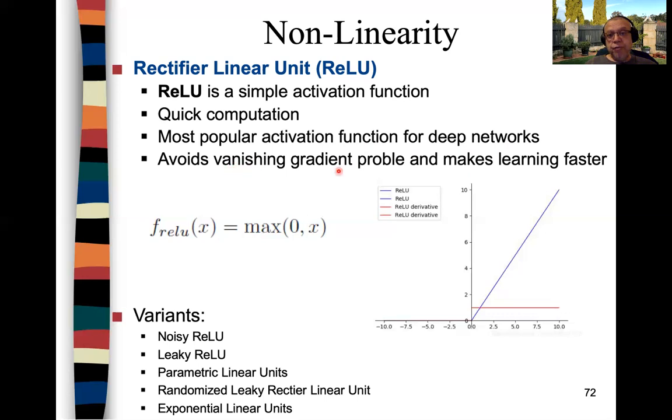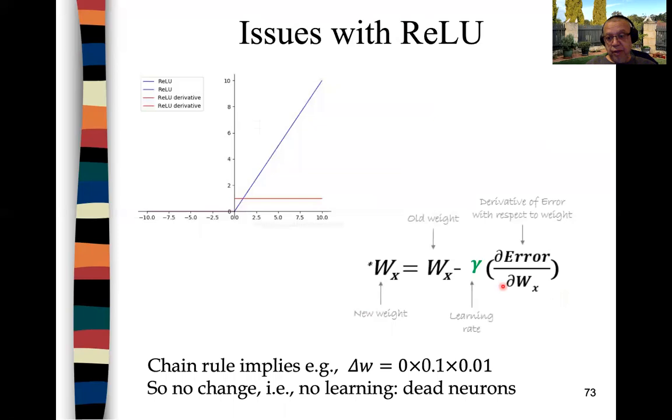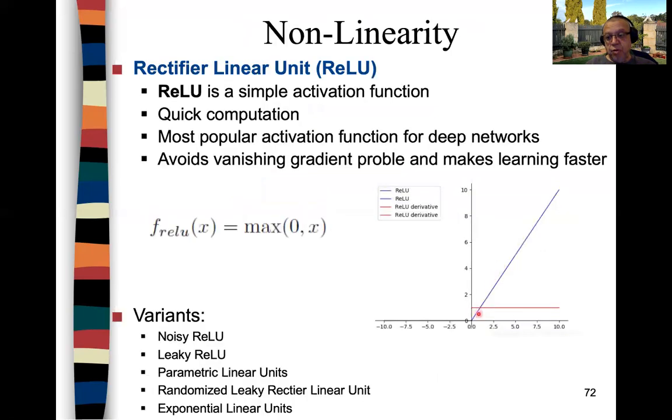And it avoids the vanishing gradient problem and makes the learning faster, because the derivative of this function is either 0 for negative values or 1 for positive values. It's not defined for 0. So if you go back, just like in this case, if we want to update the weights, then we're going to have either 0 or 1.